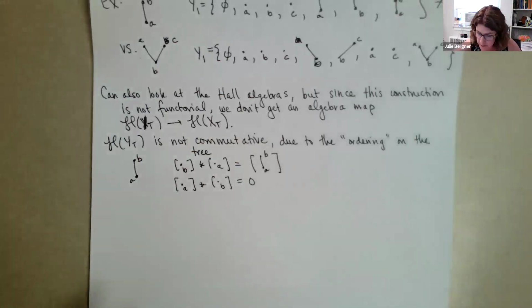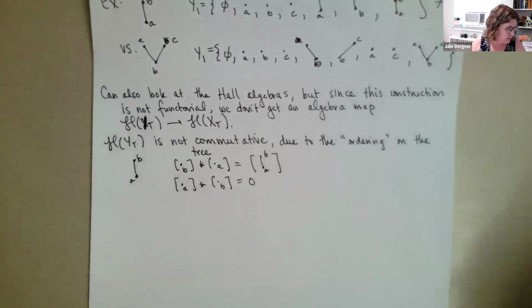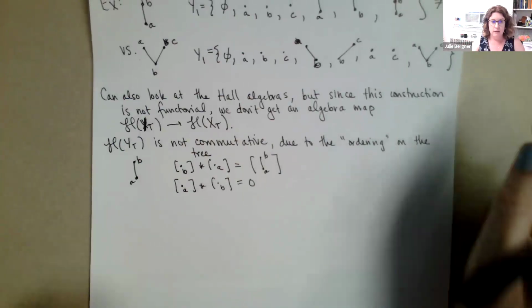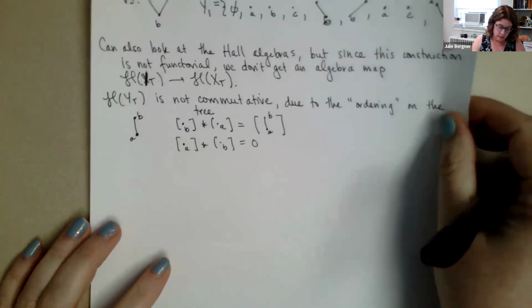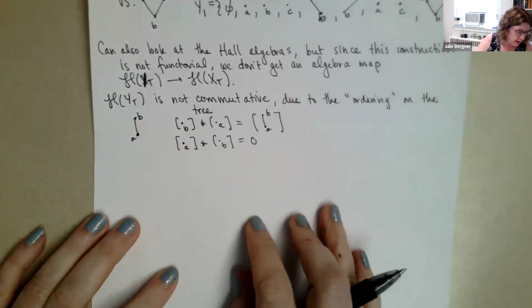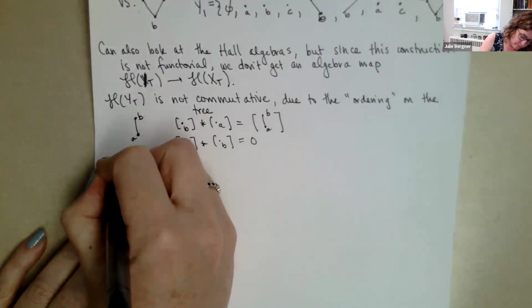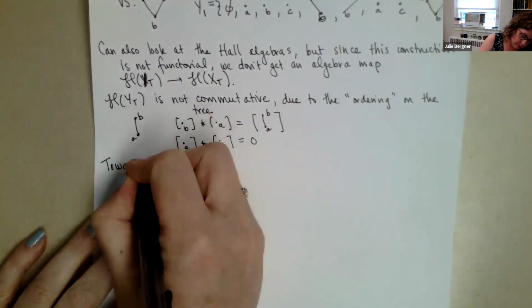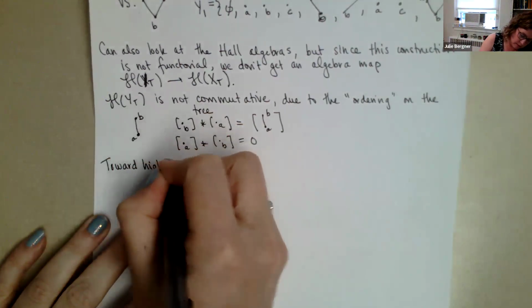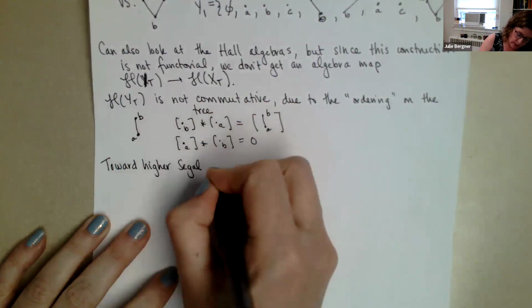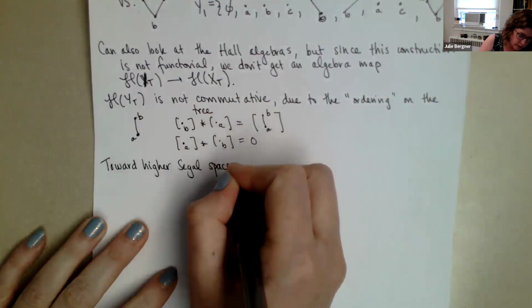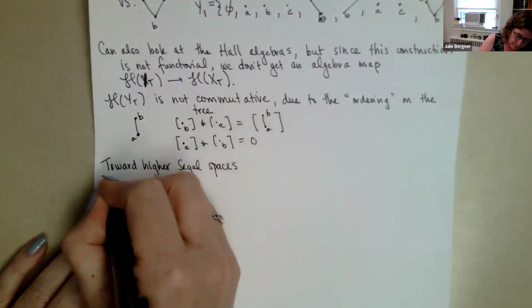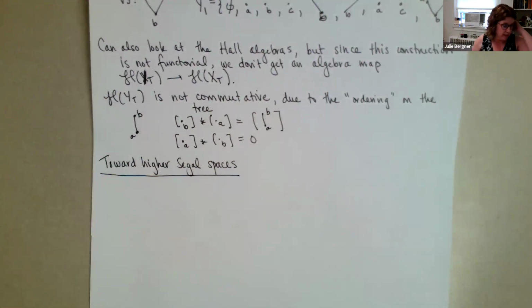So at the last little bit of time, I want to just talk a little bit about looking towards higher Siegel objects, because I know that's something people have asked about, but I'm not going to be able to say too much, but this will give you a hint at it.